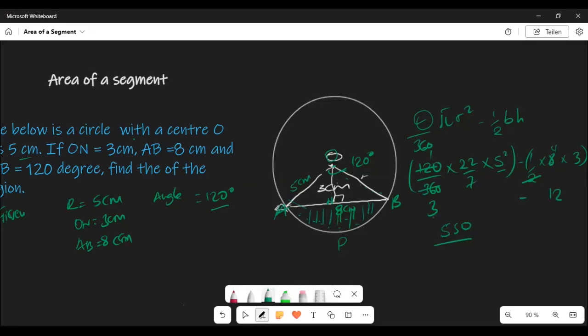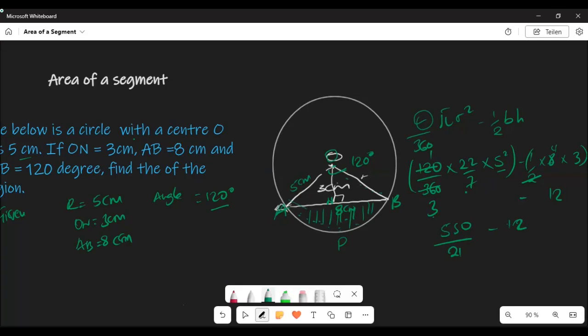Then this is 3 multiplied by 7, so that's going to be over 21, minus the answer from this side, which is 12. What is 550 divided by 21?